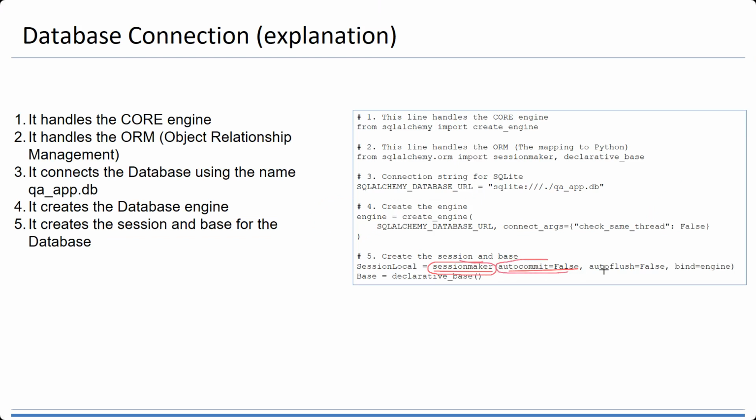For now, let's just make everything false. autocommit equals false, autoflush equals false, and bind equals the engine. The engine is the one you just created. And then the base. The base is an object from the declarative base. We are going to use this base later in the other Python file.